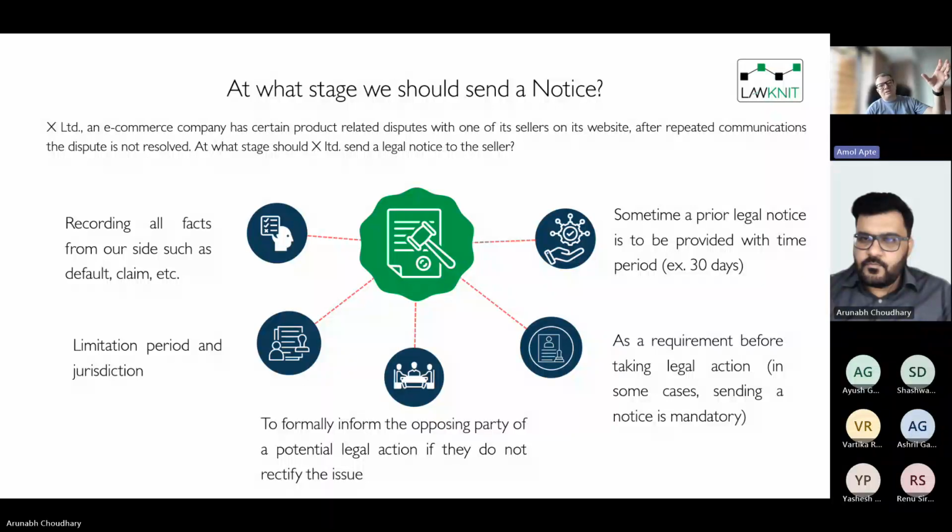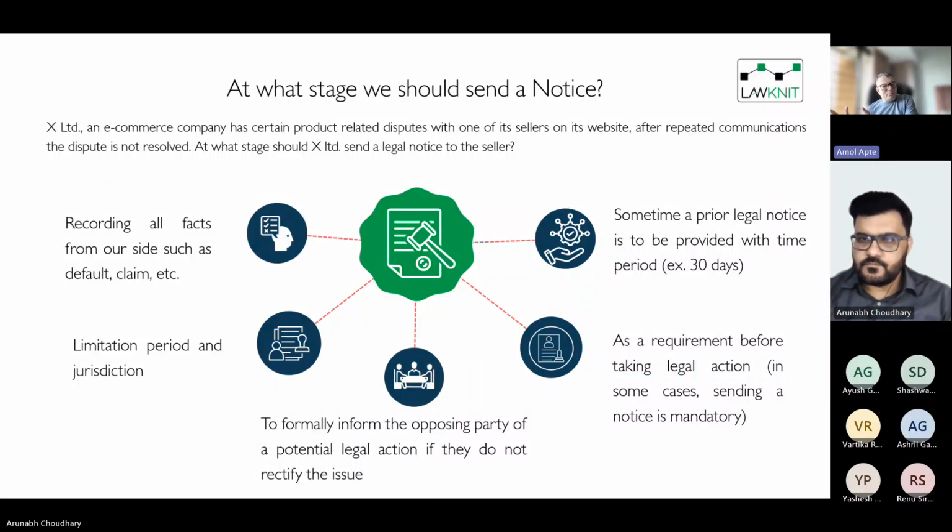Or there may be contractual agreements that you have captured in your commercial contracts as to what kind of notice has to be served at what stage, to which address, to which noticee, what all should be captured, and what the parties' efforts will be when such a notice is sent, and if it culminates in non-resolution of the dispute, what the parties can do. So these are a few things you need to take into consideration so far as the limitation period for sending the notice is concerned.